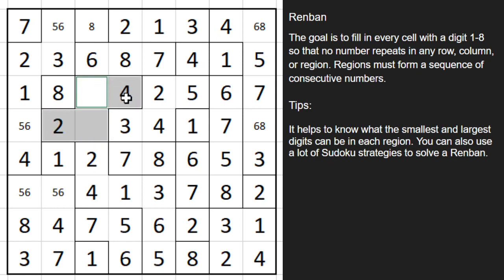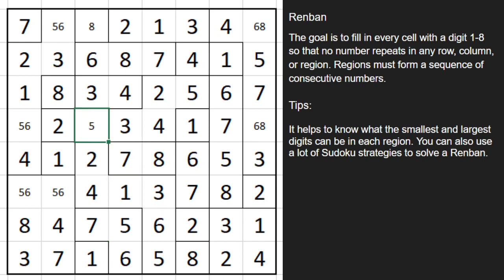Because this is a 2 and a 4, remember it has to be sequential, so it's bounded. There needs to be a 3 in between them. 3 can't go here because it would repeat with that 3, so that cell's a 3. We can solve that. So this must be a 1 or 5, to be in order with this sequence. There's already a 1 in that column, so that's a 5.